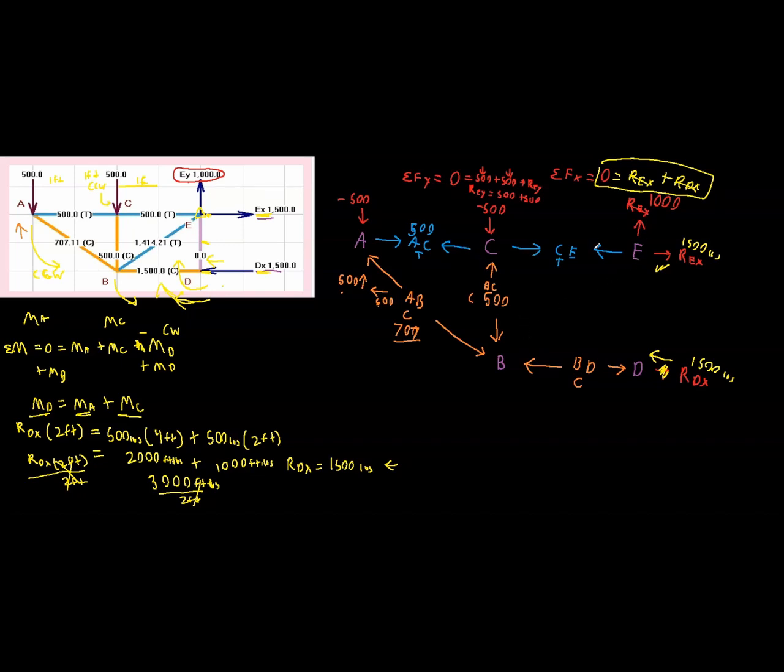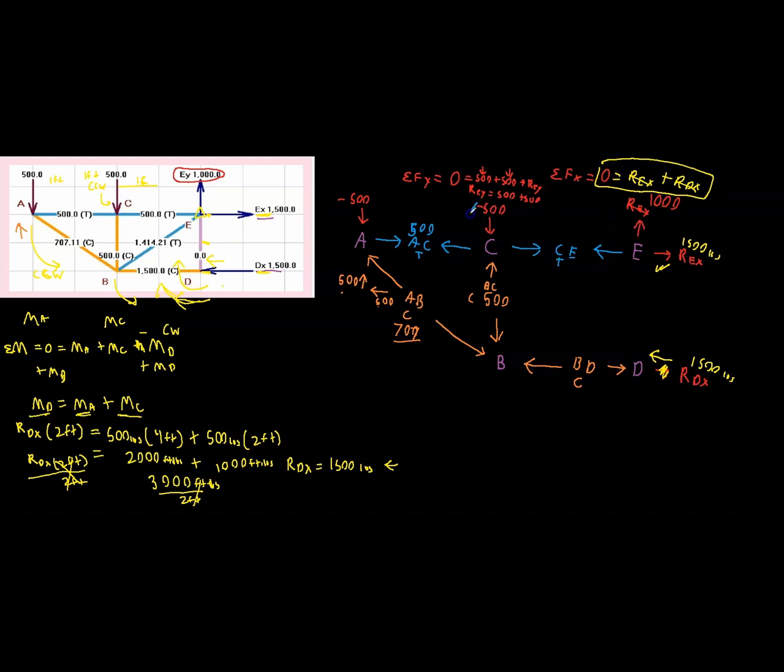It's a little bit harder to solve for these joints where there's so many forces in the X and Y direction. For example, at E, we've got a leftward force through CE, we've got a rightward force, and we have this other force here at E that we don't know yet. So you can't just assume whether it's going to the right or the left when you have more than two.